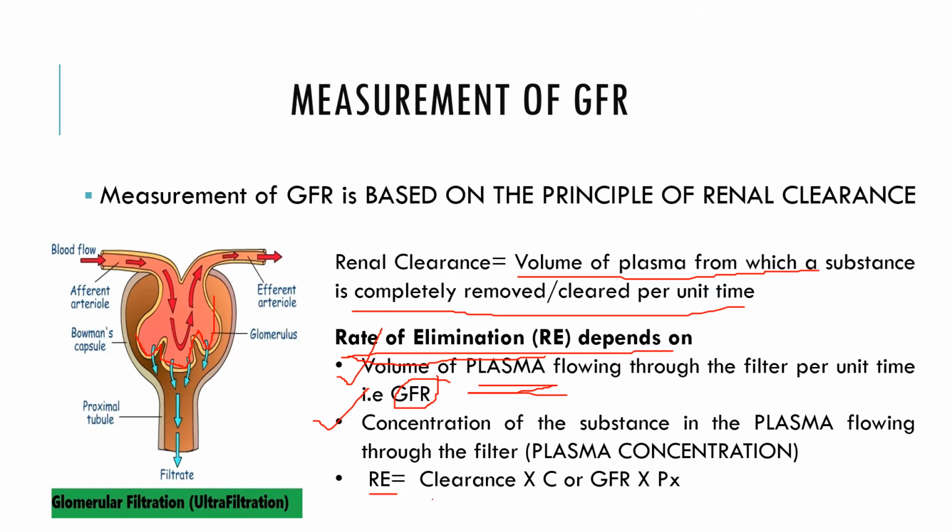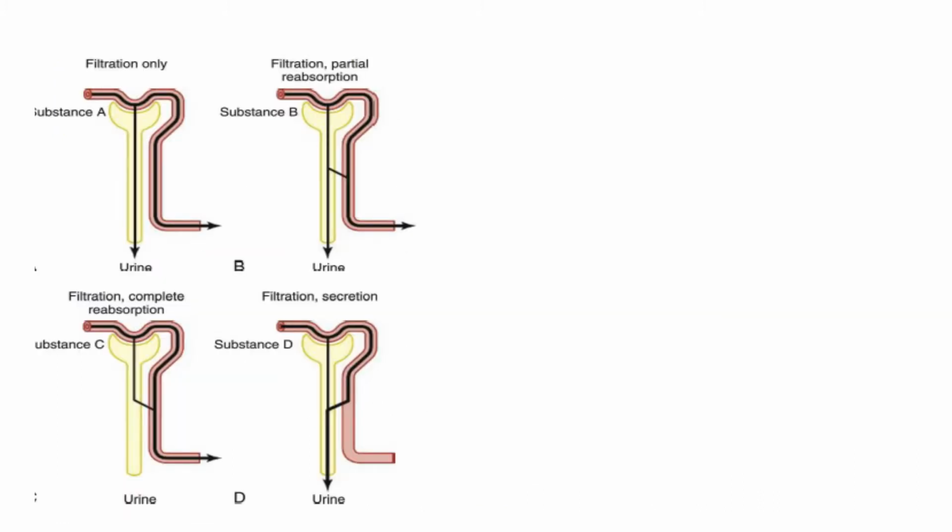Now this clearance can be replaced by GFR only in a very specified condition. What is that? We know from this picture that it is not always true that the amount that is filtered will be totally eliminated by the urine.